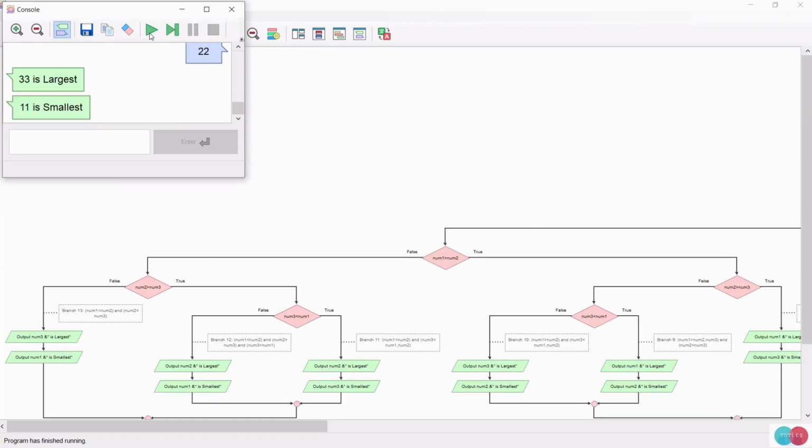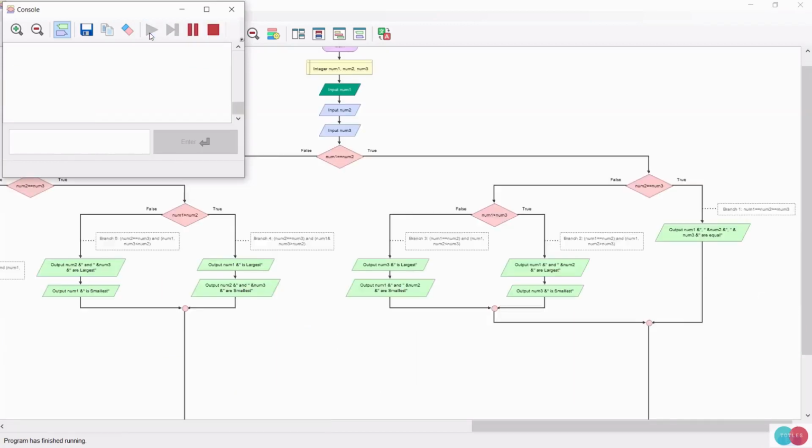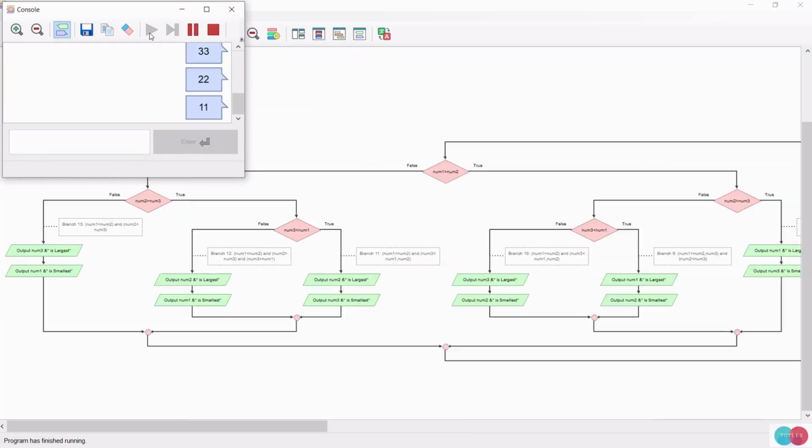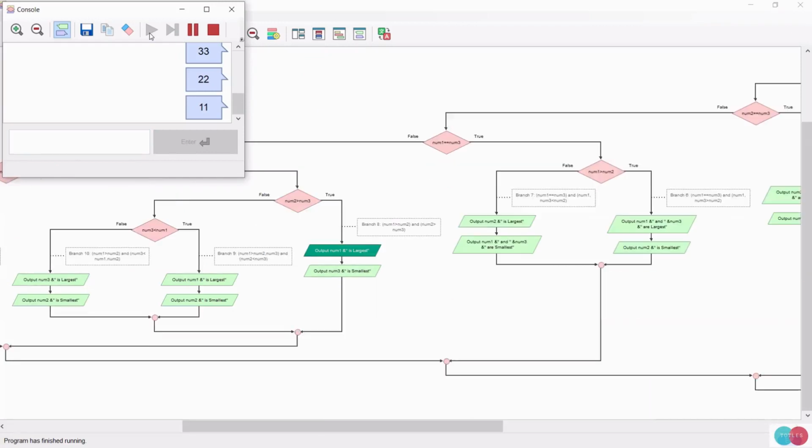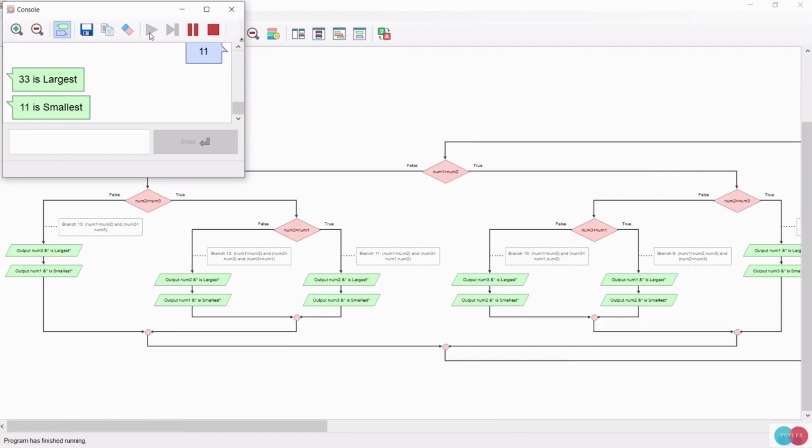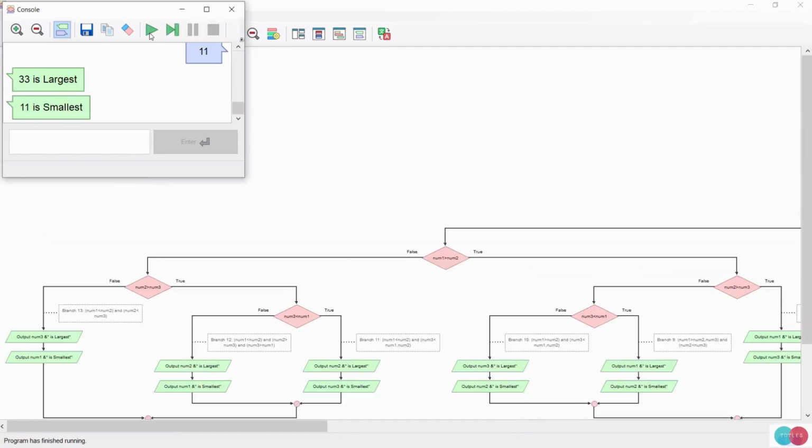And now we will see the final scenario where this is going to be a descending order, which means the first number is largest and third number is smallest. 33, 22 and 11. So these are all the possible 13 scenarios we have explored for all the three given numbers.